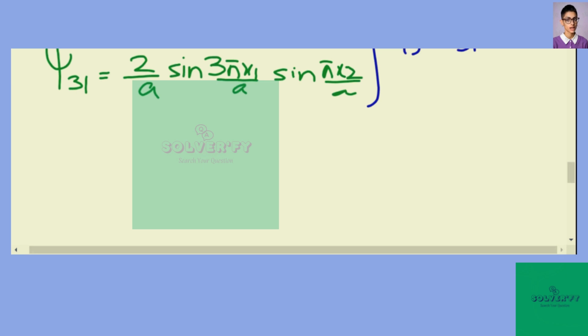Next we needed to find out for the identical bosons, right?